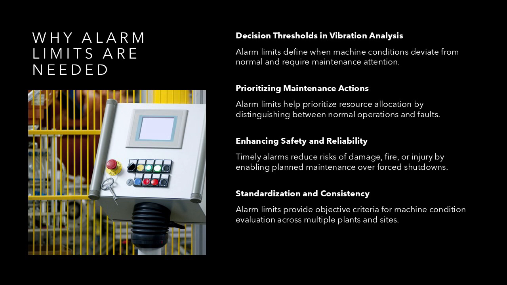Alarm limits help prioritize actions by distinguishing between acceptable operating conditions, developing faults, and potentially dangerous situations. From a safety perspective, timely alarms reduce the risk of secondary damage, fire, or personnel injury caused by mechanical failure. From a reliability standpoint, alarm limits support planned maintenance by providing early warning, allowing repairs to be scheduled during planned outages rather than forced shutdowns.